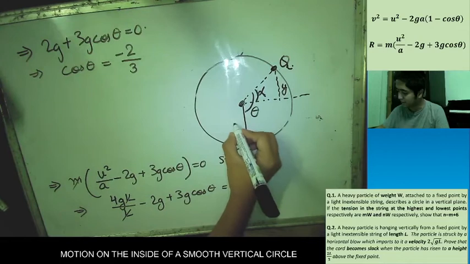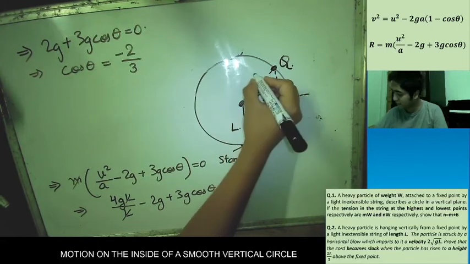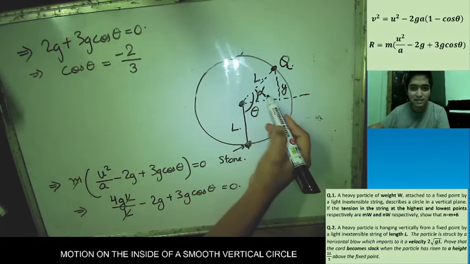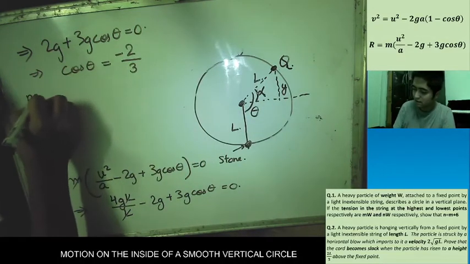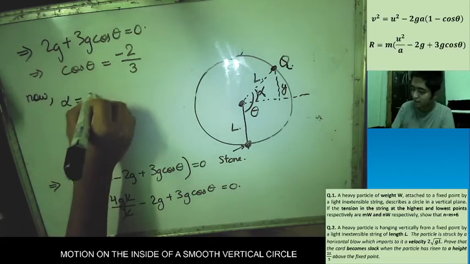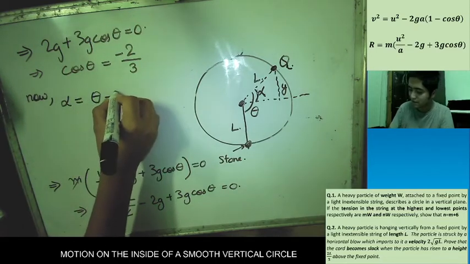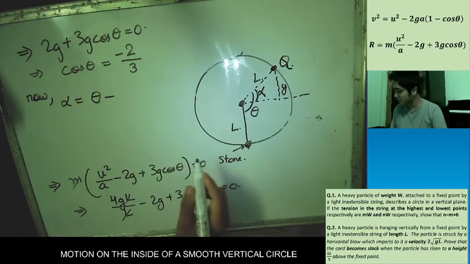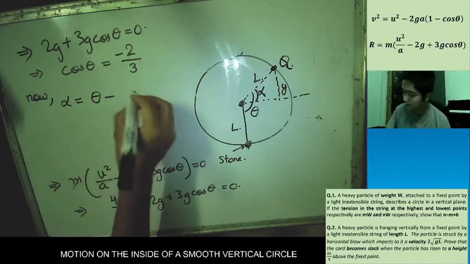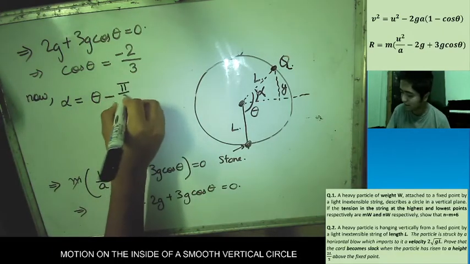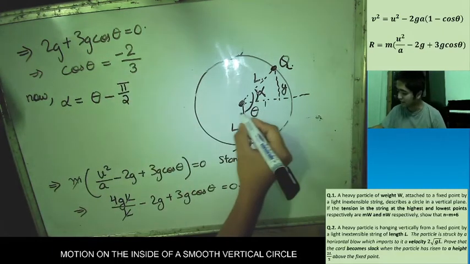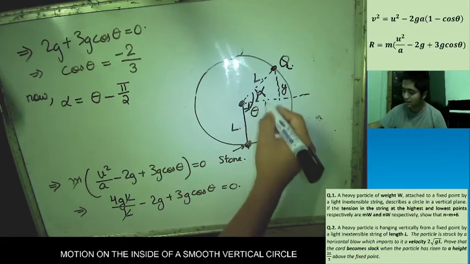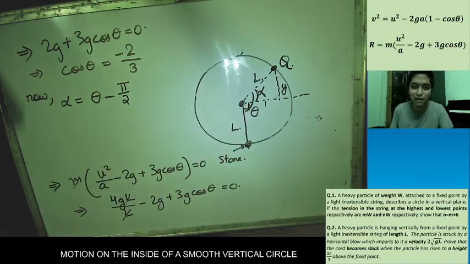The length of the string is L. Alpha will be theta minus 90 degrees, because here it will be 90, so theta minus 90 degrees will give you alpha.